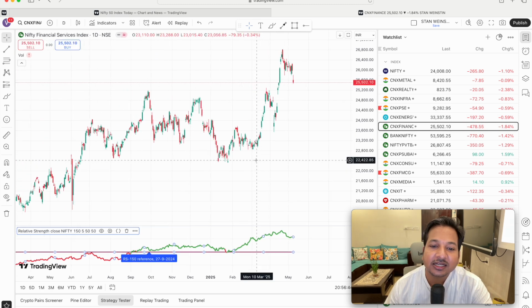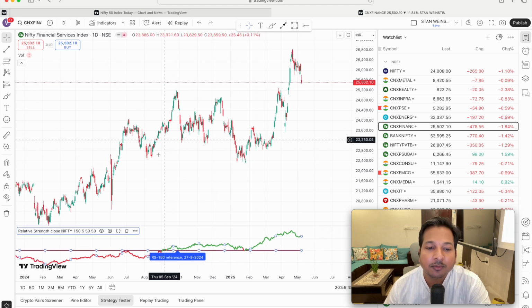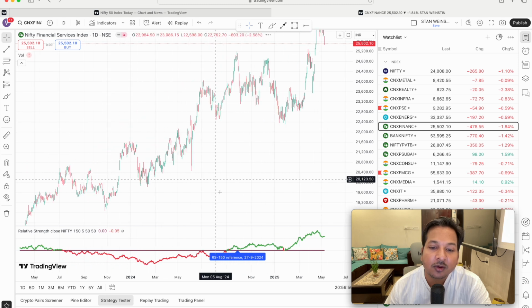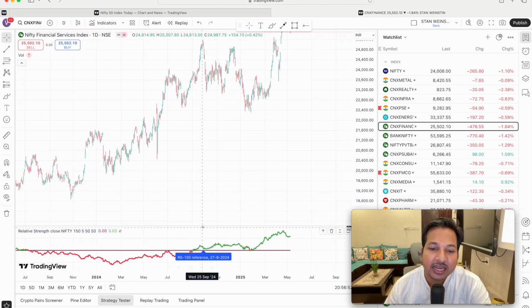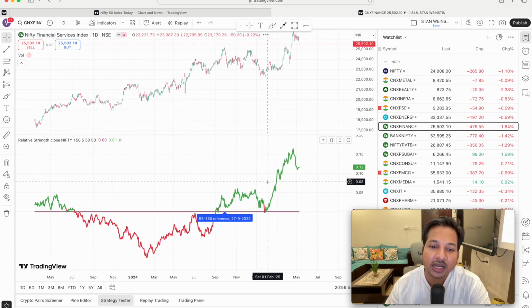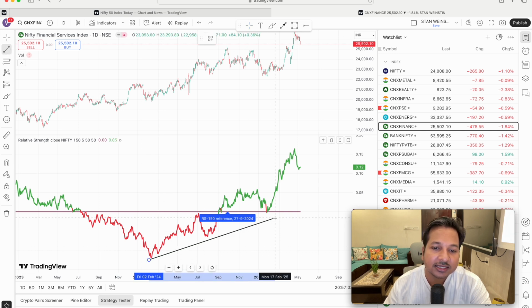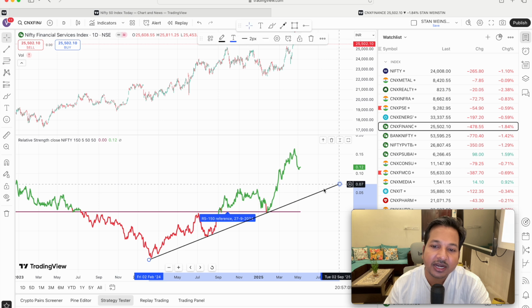Now the finance sector, you see from this point onwards it has started gaining momentum, and that also with a very good uptrend line. If I increase this chart, you can see the trend of that RS line. Here if you mark a trend line in this RS, you can see a clear uptrend line.